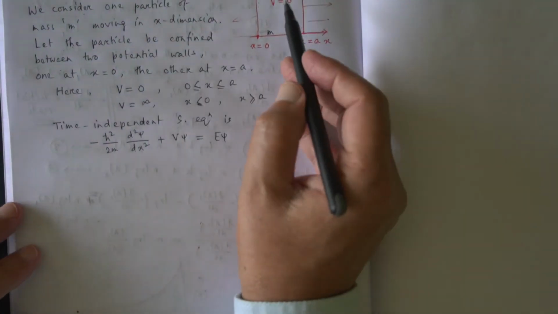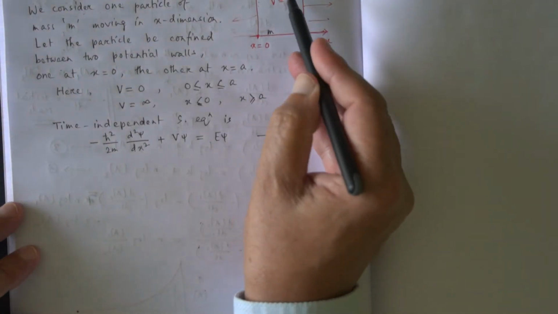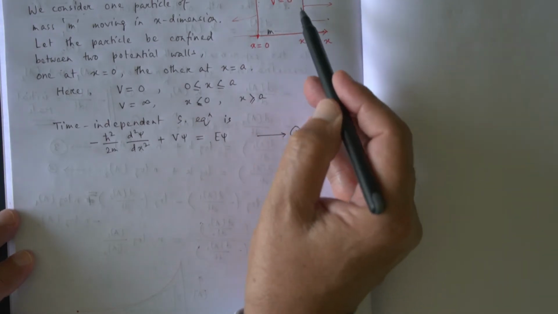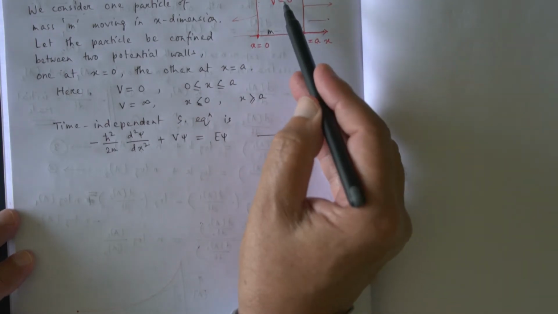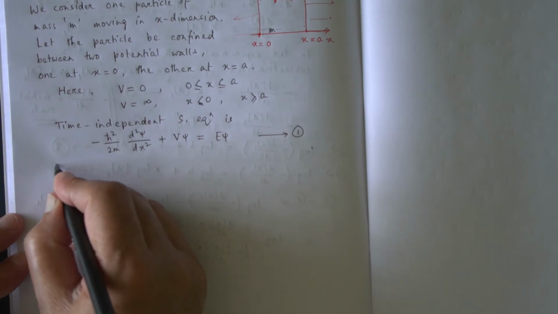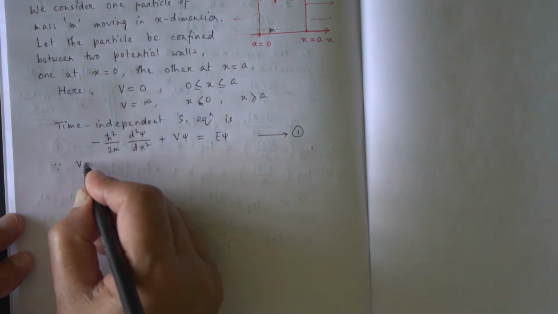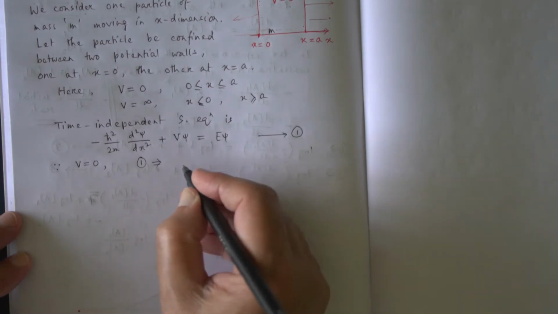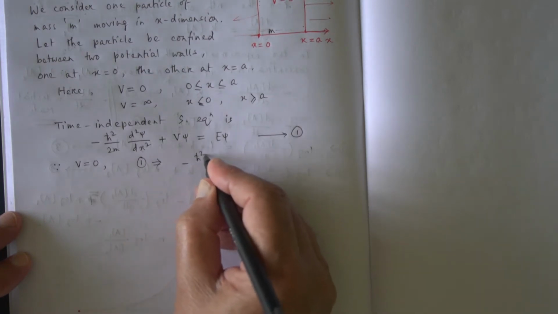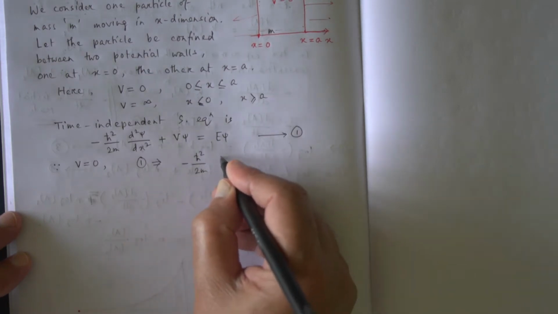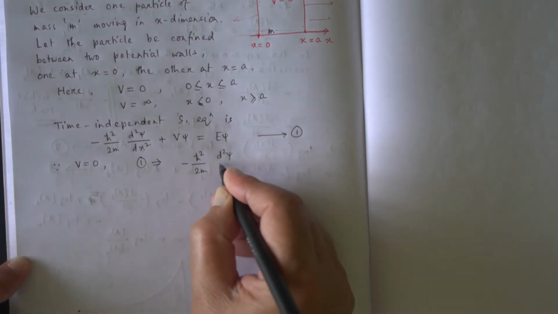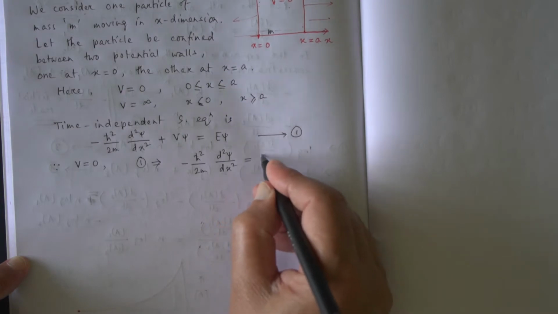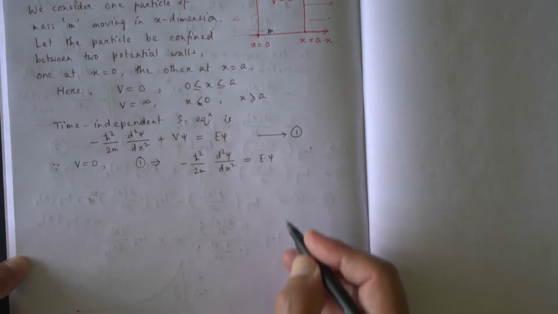Now here the particle is inside the box, so V equal to 0. Since V equal to 0, from equation 1 we get minus h bar square by 2m d2 psi by dx square equal to E psi.